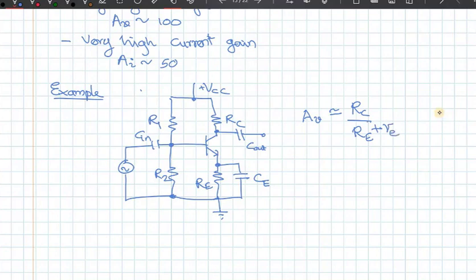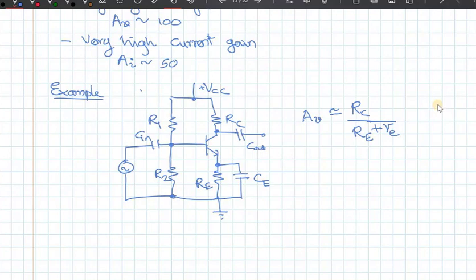If the external emitter resistance is in the range of 1 kilo ohms, but simple RE is in the range of 50 ohms, then of course we can neglect simple RE and assume there's only the external resistor. But if the external resistance is small, let's say 100 ohms, the dynamic emitter resistance cannot be neglected. You need to add that also. Especially if you bypass RE with a capacitor, then the only value in the denominator is the simple RE, the dynamic emitter resistance.